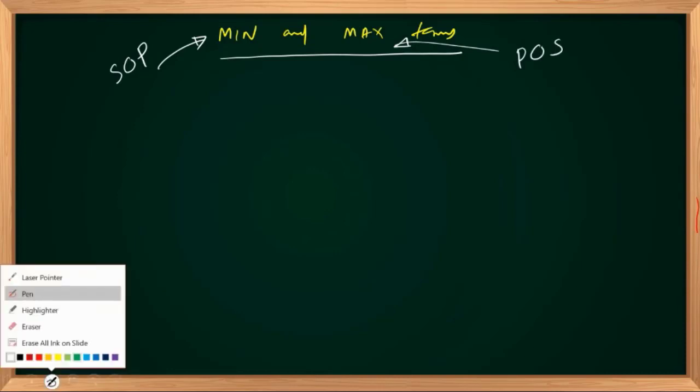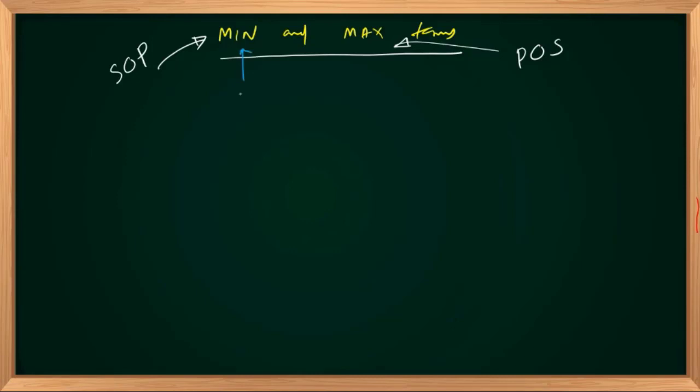Min terms are product terms, and that product term should return a logic 1. Similarly, max terms are sum terms, and that sum should return a logic 0.